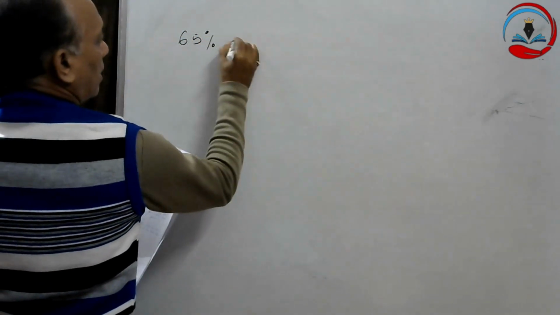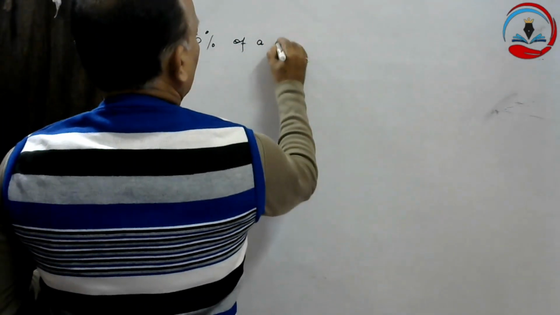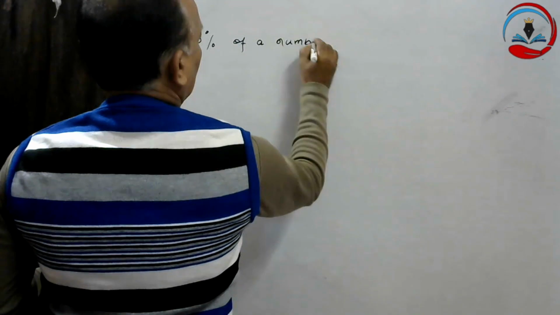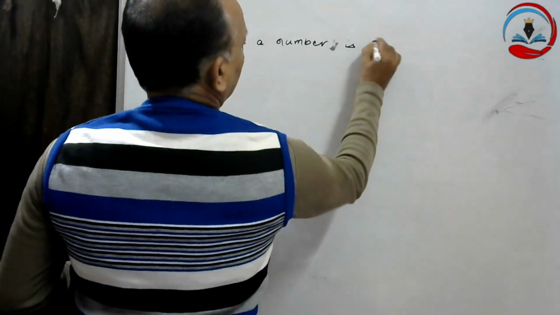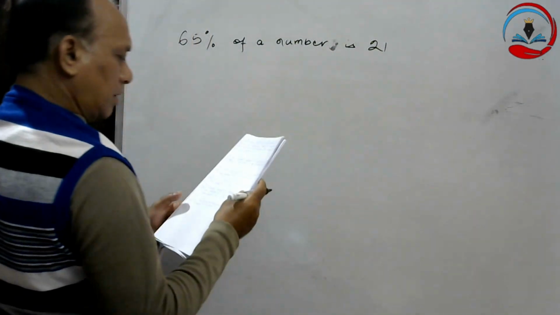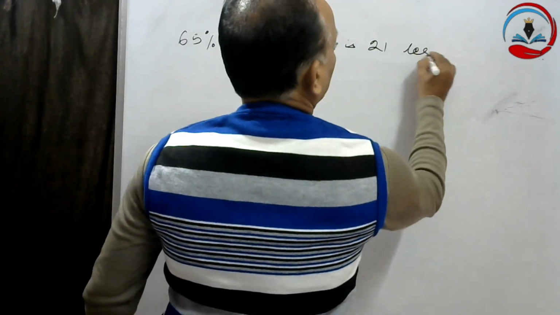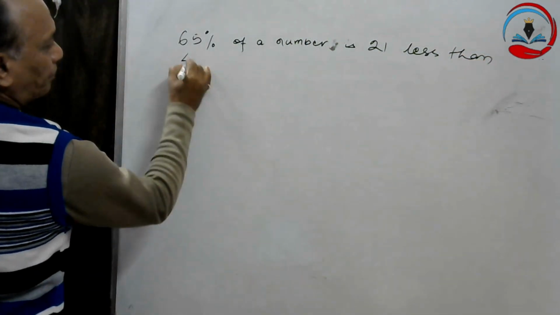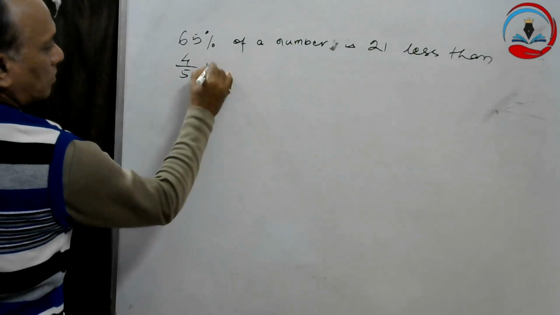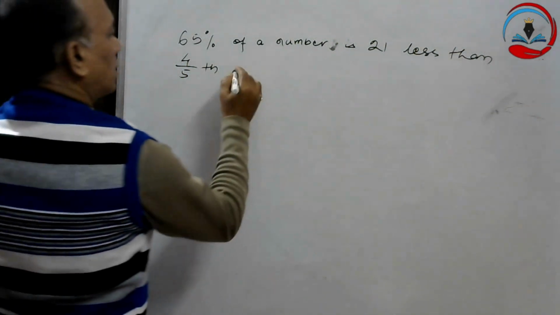65% of a number is 21 less than 4/5 of that number.